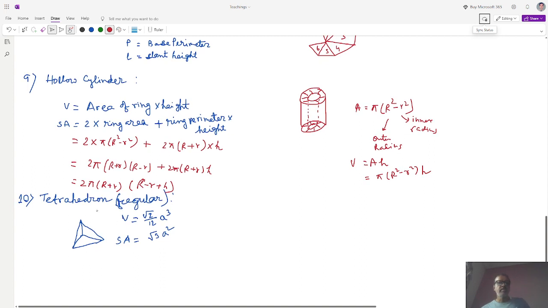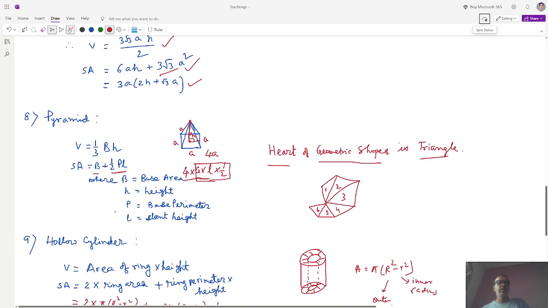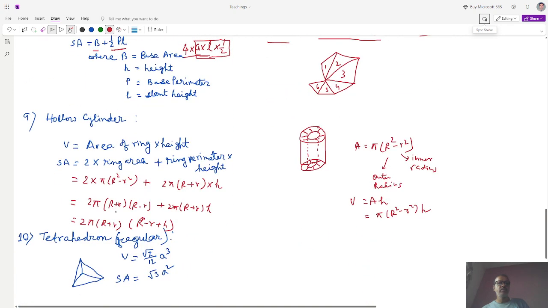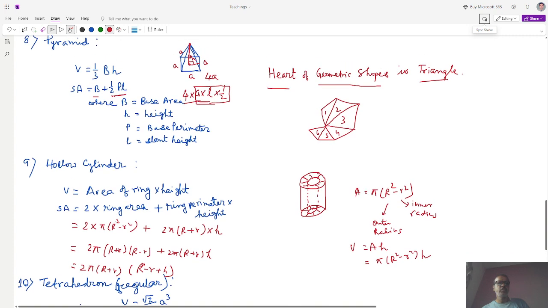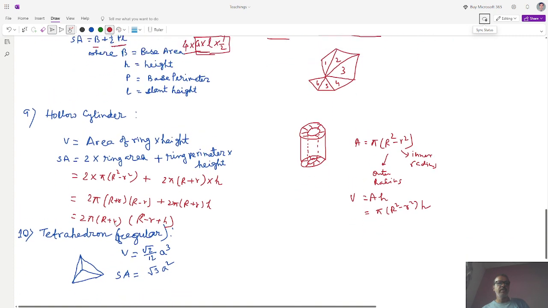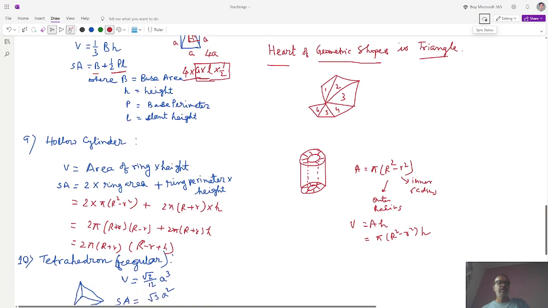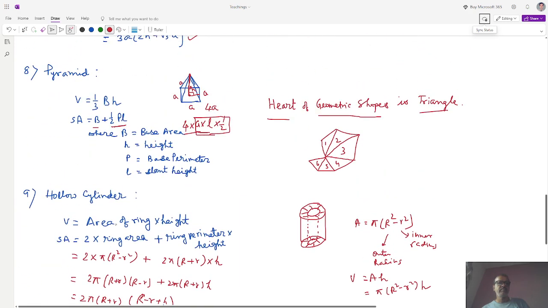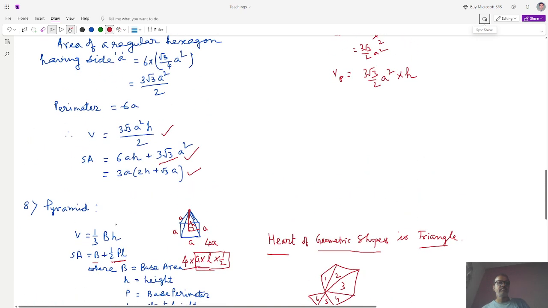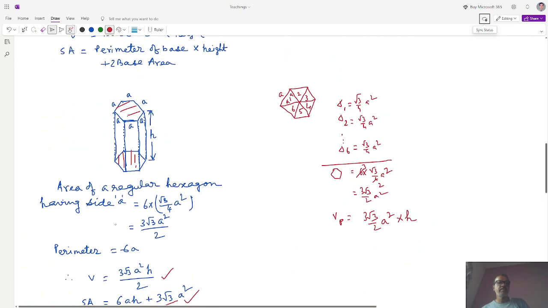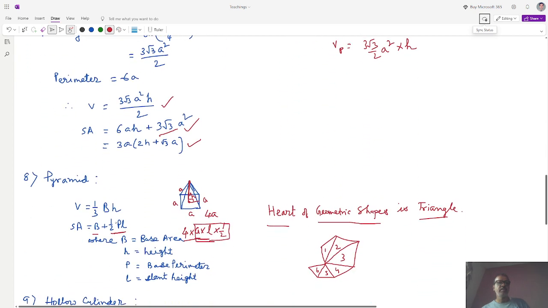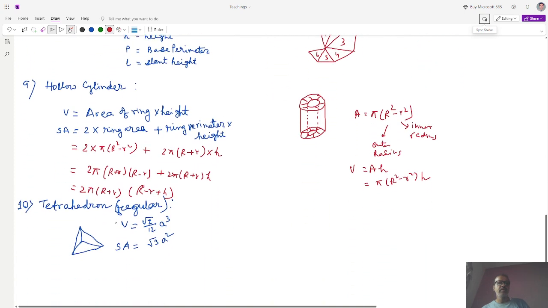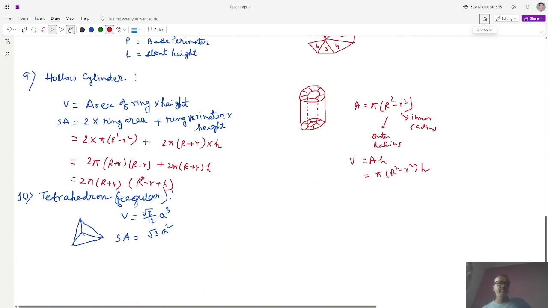Now come to the tetrahedron. Tetrahedron is nothing but a pyramid which has a triangular base. So the formula will be the same as pyramid when its base is a triangle.